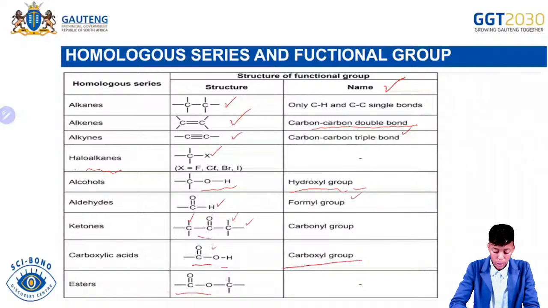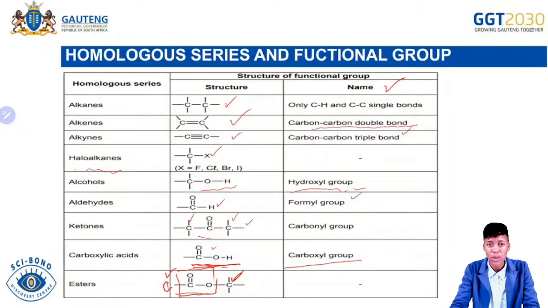So on the left and the right, you are going to have carbons, and then in between the two carbons, that is where you have the C double bond O and the O. Unlike the carboxylic acids, which are just C double bond O and the OH, and that is going to be in the beginning of the structure, or it's going to be appearing where? At the end of the structure.